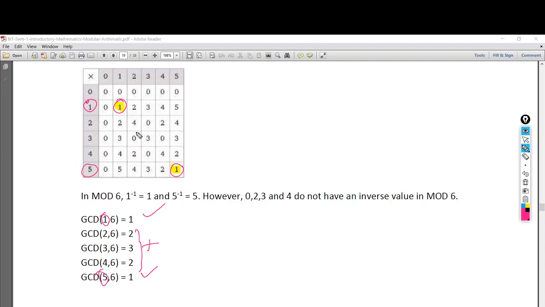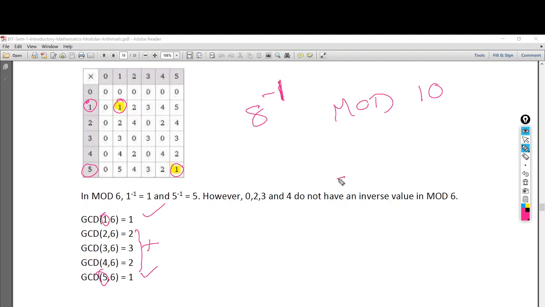So that is a very handy thing. By just applying this, you can see whether a number is going to have a multiplicative inverse or not. For example, if you are asked to find the inverse of 8 in mod 10, can you tell me whether it is going to have an inverse or not?